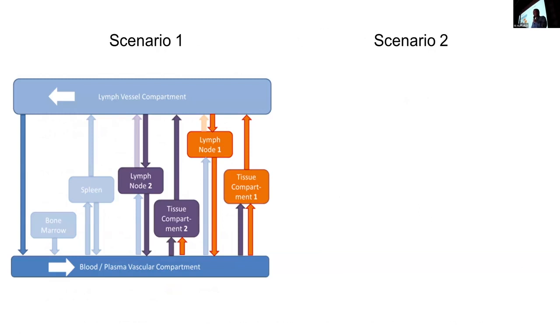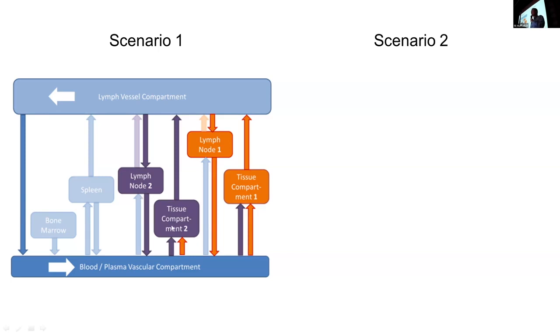In scenario 1, we have a tissue compartment 1 with a tumor and some host tissue, which is drained by lymph node 1. So we have APCs traveling from here to here, and here we have the priming of the effector cells. We have a tissue compartment 2, which is drained here by the lymph vessel compartment to the lymph node 2.